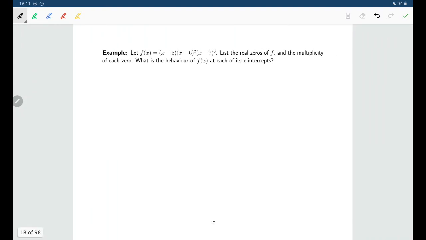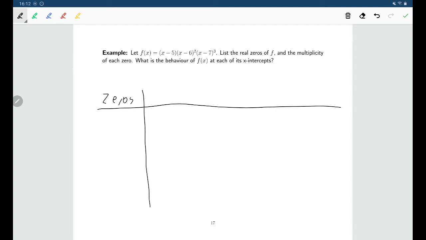So if we're looking at this polynomial function, we can see that there are 3 different zeros. If we were looking for where f of x is equal to 0, you'd find that there are 3 solutions: x is 5, or x is 6, or x is 7.